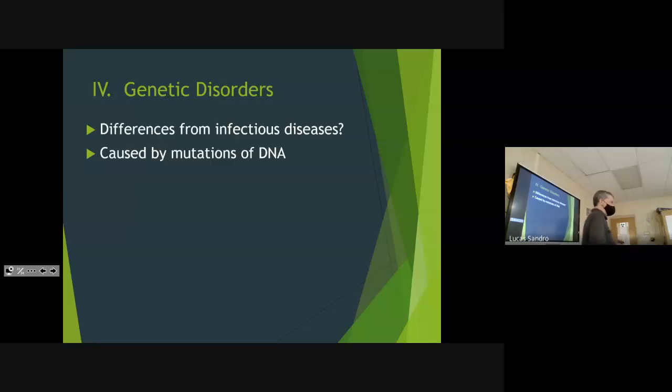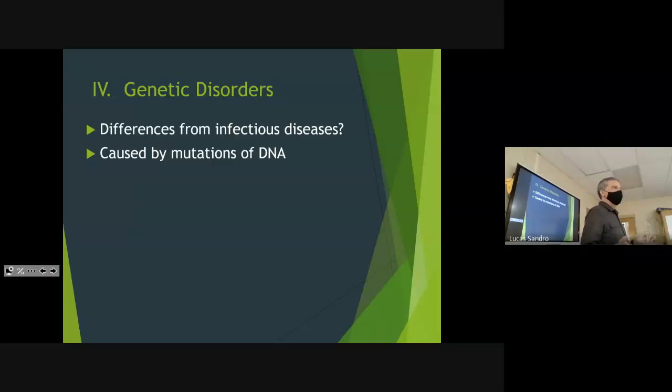Some genetic mutations are more serious than others. When we start to talk about the really serious ones, though, my students who are good critical thinkers tend to start asking questions like, hey, if this is a genetic disorder, if this is a mutation that causes people to die, why is it still there?